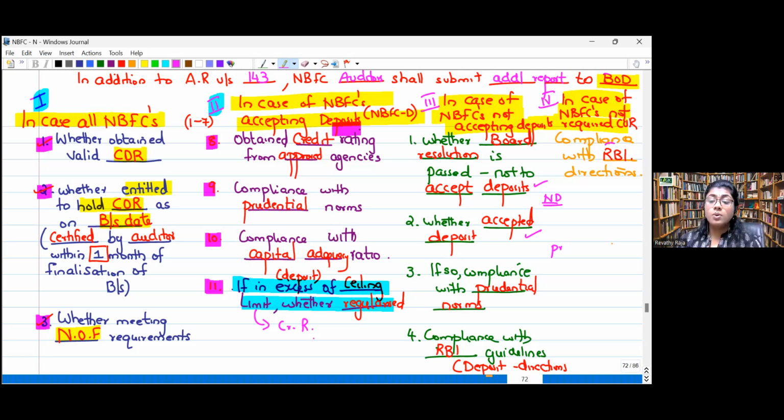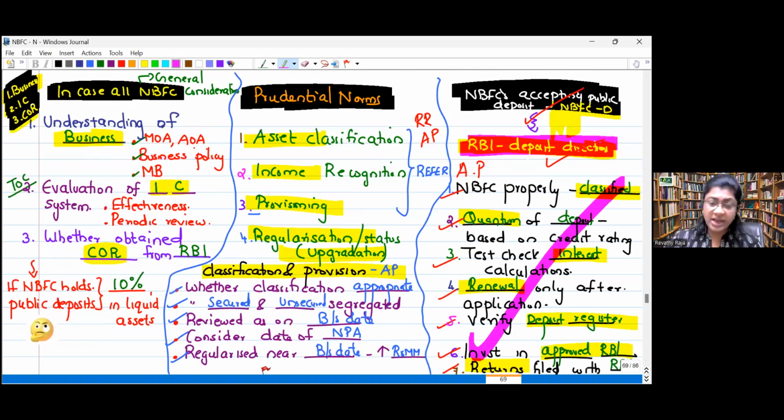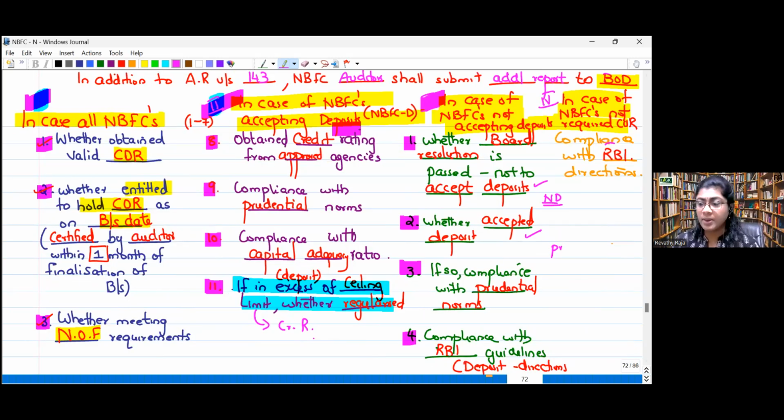Now, all NBFCs over, D over. Now ND: whether they passed a resolution not to accept deposits, yet still accepted. If so, which RBI direction? Those 7 RBI directions which we just discussed. Now, in case of NBFCs not required to obtain COR, whether they are complying with RBI direction.